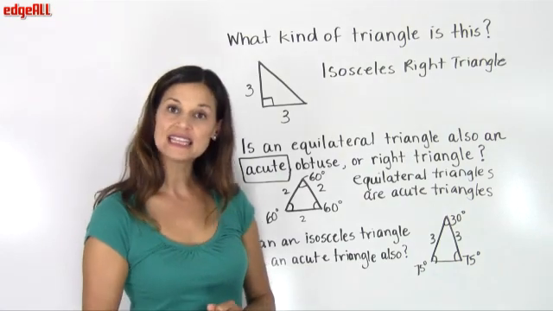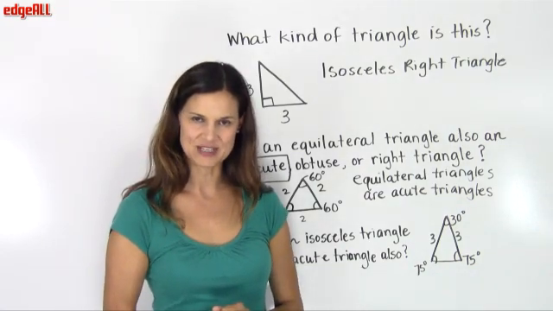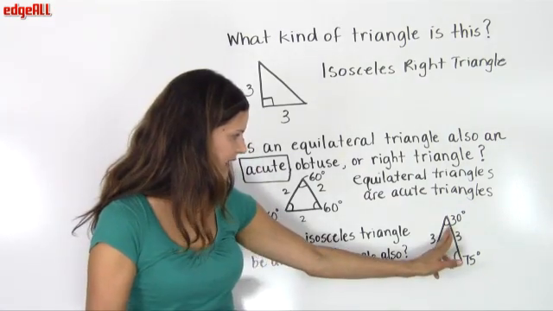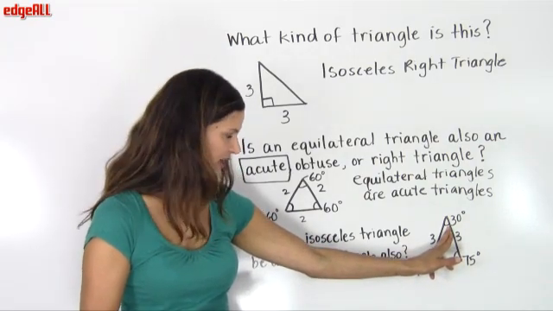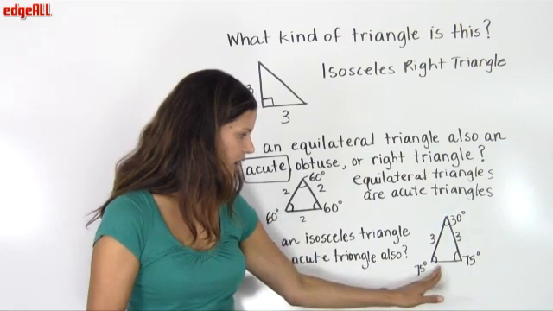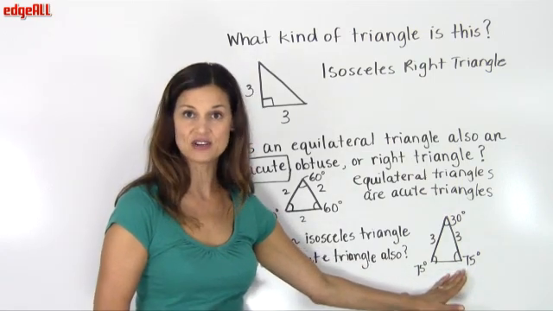And then when I look at the angle measurements of this particular triangle, I can see that I have a 30-degree angle up here for my smaller angle, but then these 2 angles here are both 75 degrees.